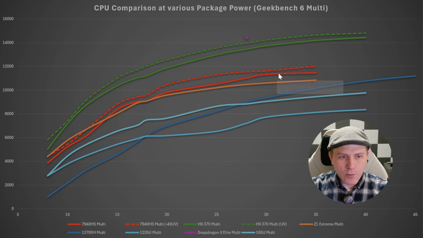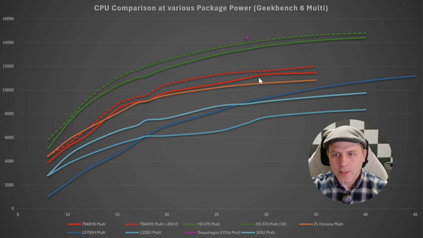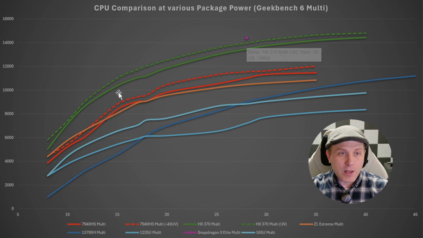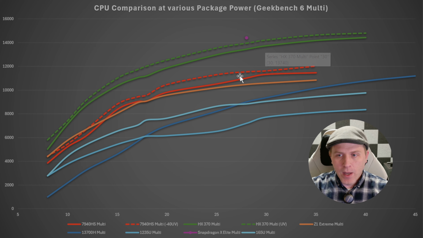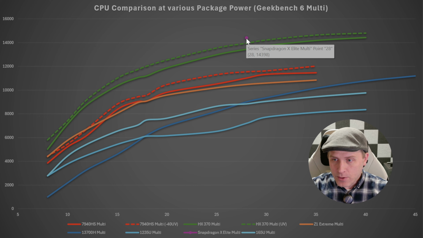So 30 watts versus 17 watts. That HX 370 is super power efficient and high performing. It's a great chip. And you may have noticed this little dot here, which is our outlier.